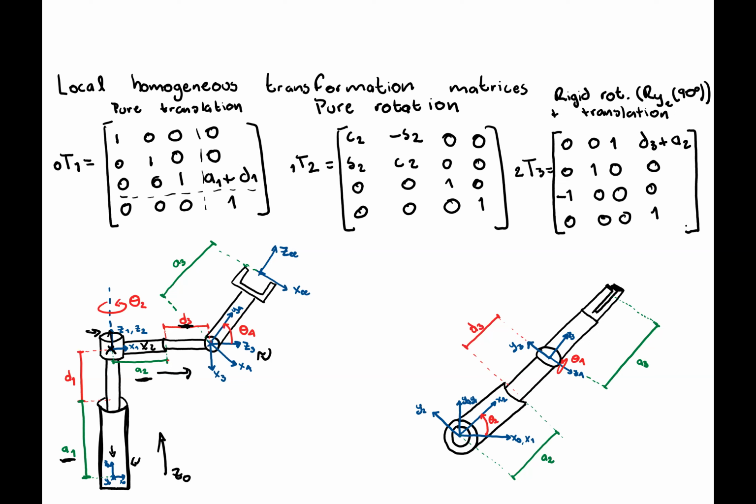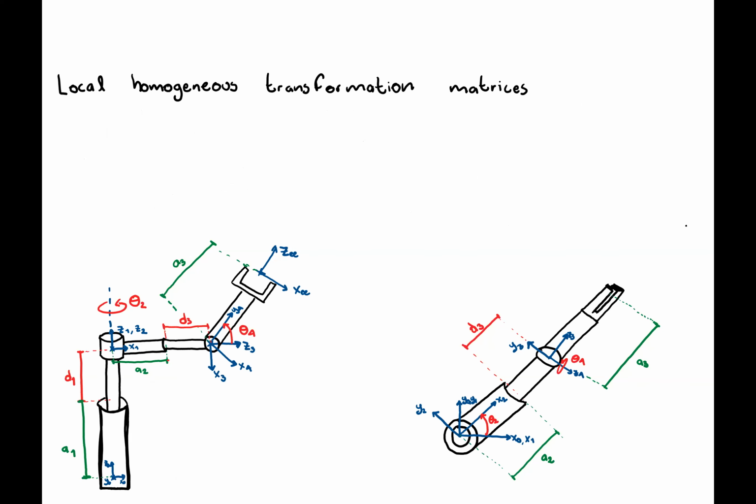Okay, so we are in three. Now I'm going to use another slide to do the other two. The next one, I'm going to break it in two parts, just because it makes it easier to understand. So the first one, consider that now the axis of rotation, so now the next joint.